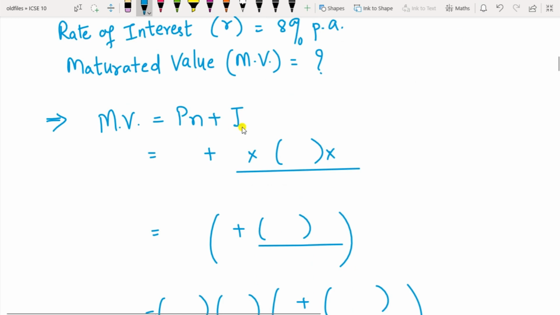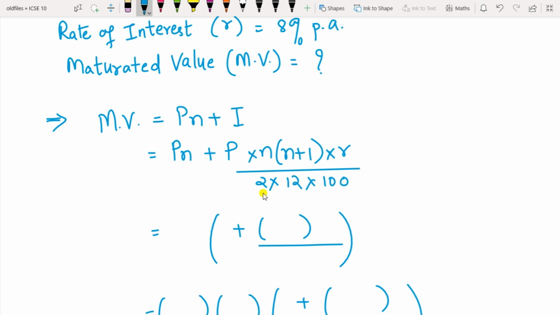So MV equals Pn plus I, substitute all the values. First write the formulas here. The formula for I is P into n into n plus 1 into R upon 2 into 12 into 100, right?